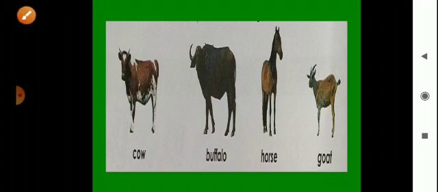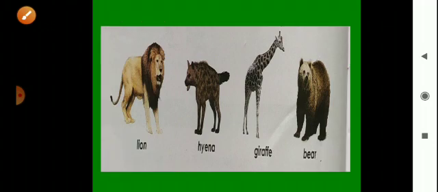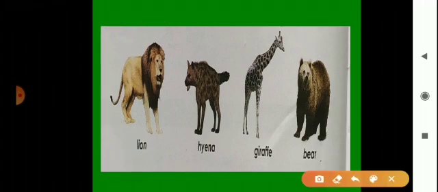Next, here are a lion, hyena, giraffe, and bear. Now where can we see them? We can see these animals in the forest. These animals live in the jungle.